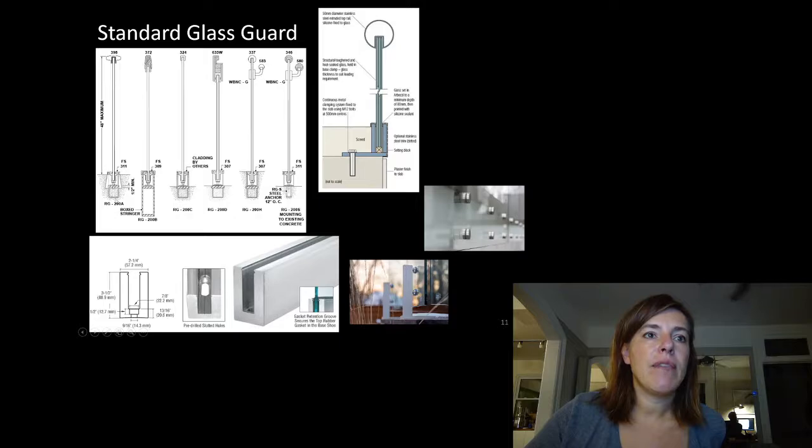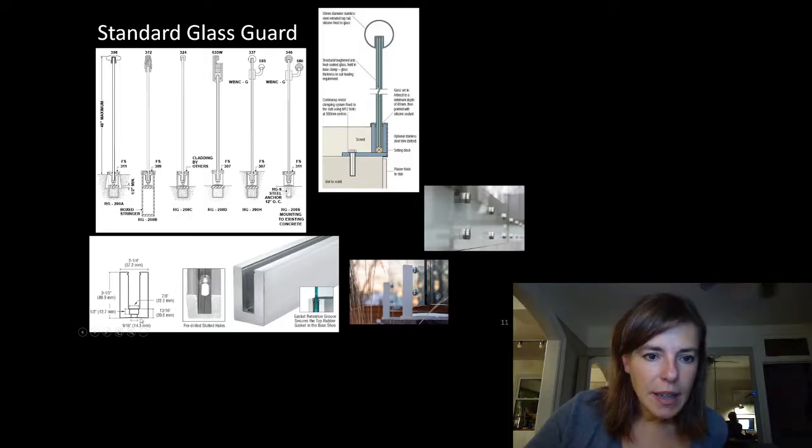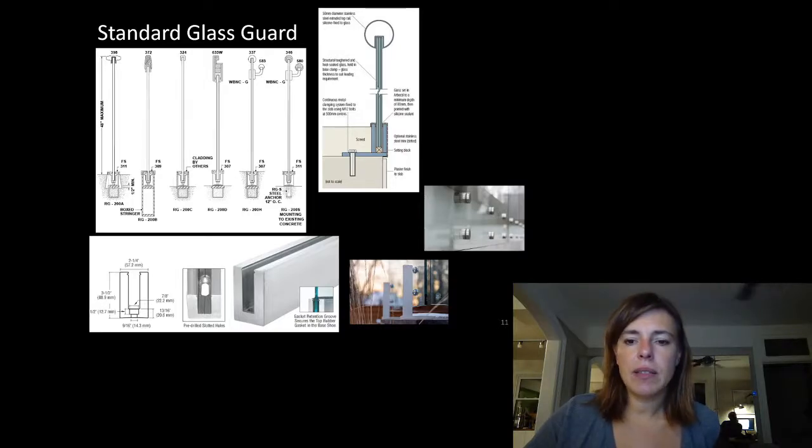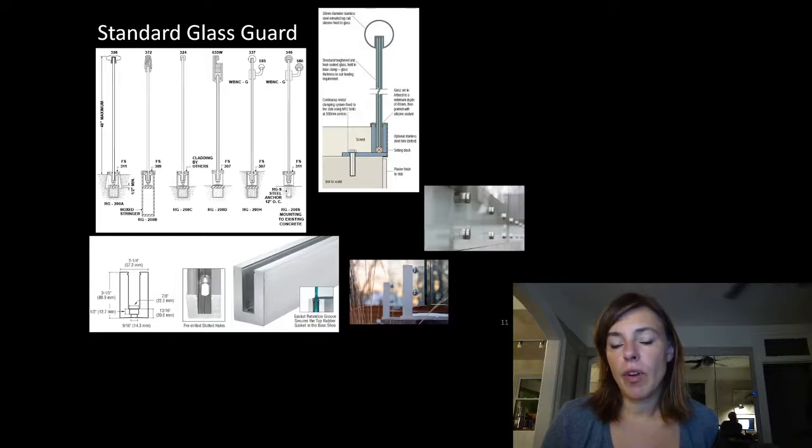If this is being fastened down into something, you can see this detail here shows something being screwed down. Well, we design what it's being screwed into. The glass would be designed by the supplier. That's not to say we can't design glass. It's just they've basically done it a million times for guards, and it wouldn't be cost efficient for the owner for us to do it.